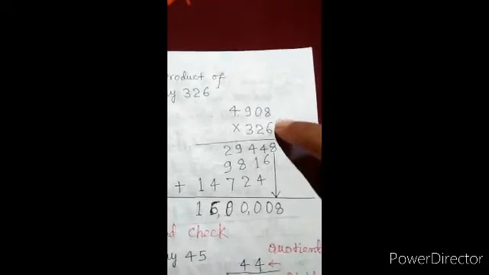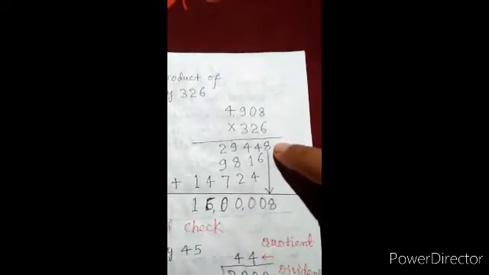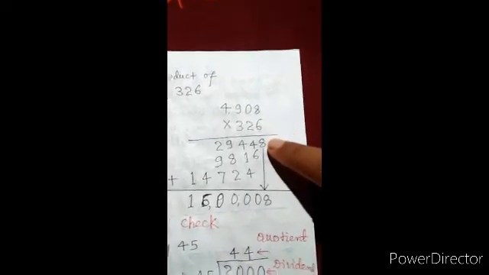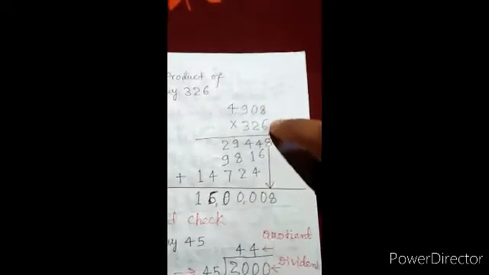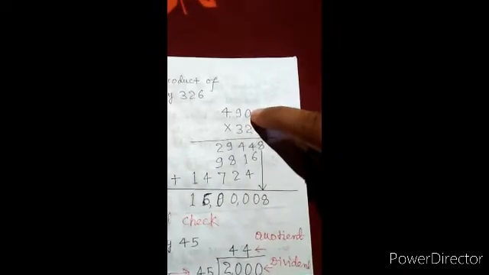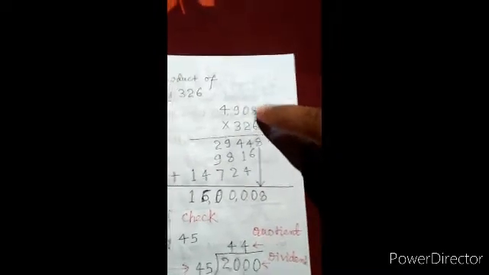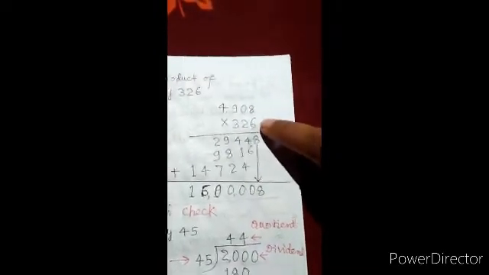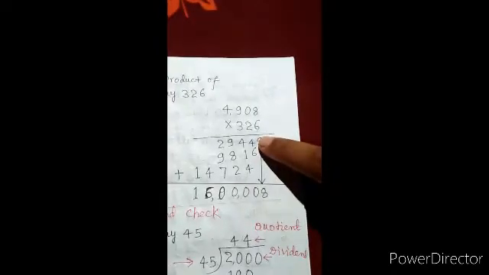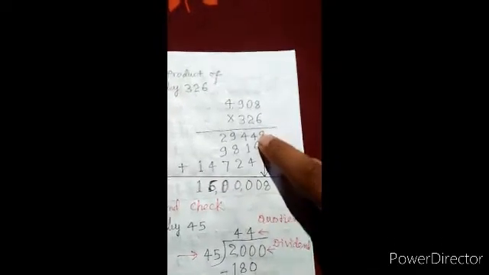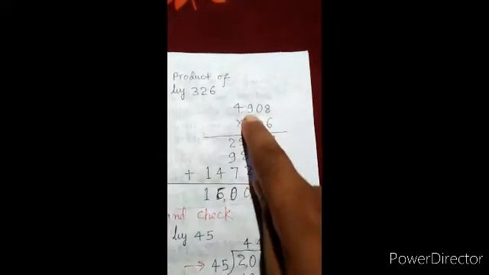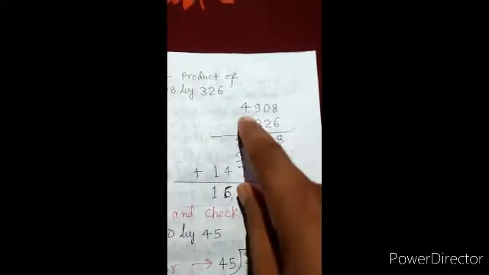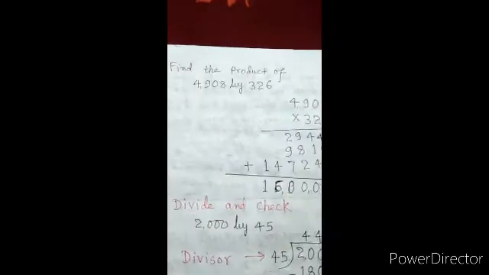8, 6s are 48. It gives us 8, and 4 will be carried. 6 into 0, that is 0, and 4 is already available. 0 plus 4, that is 4. Now 6 will be multiplied by 9. After that 6 will be multiplied by 4, and so on.